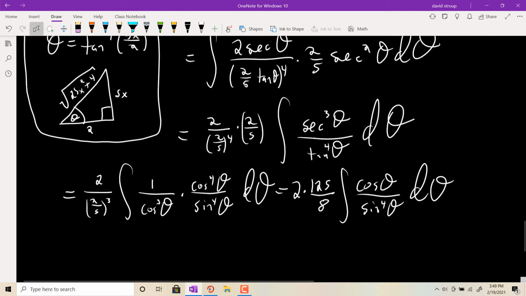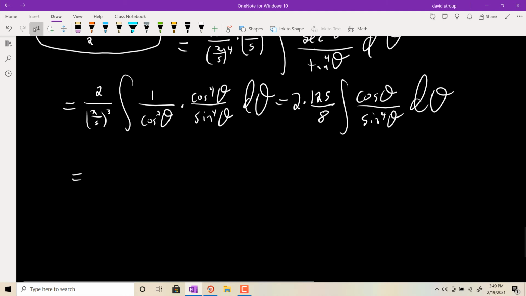Okay. And then I can simplify the factor out front to 125 over 4. On the inside, I have cosine theta times, looks like a cosecant to the 4th. That's not very helpful.